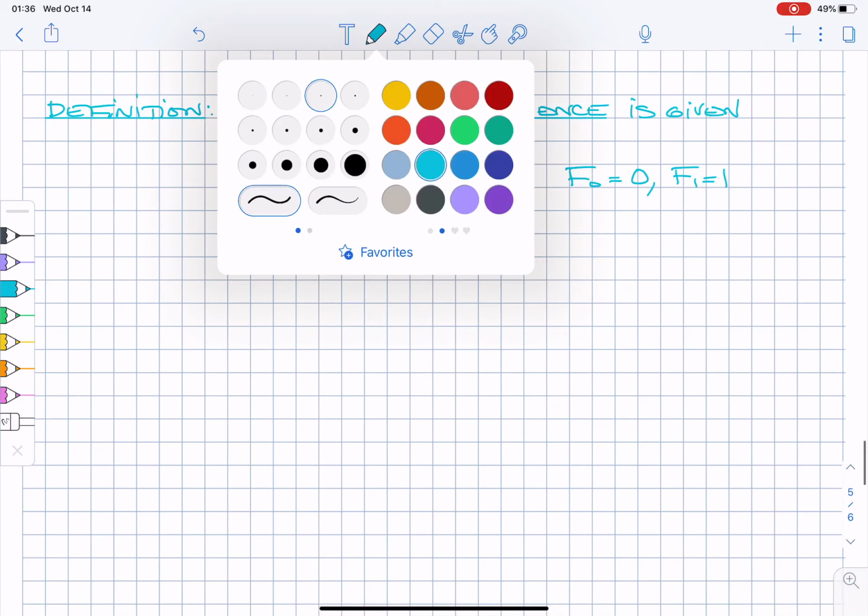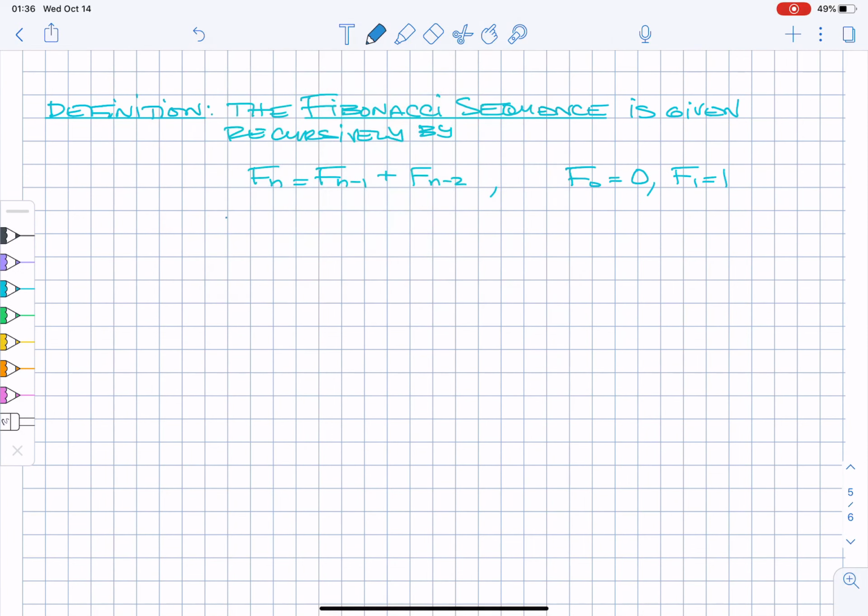So each term is the sum of the previous two terms.